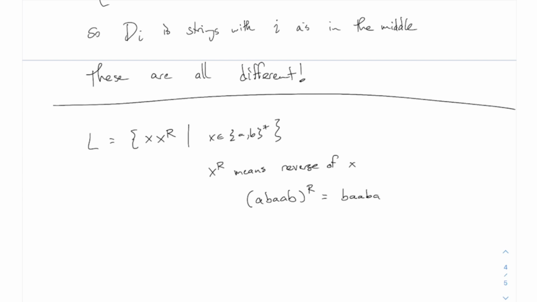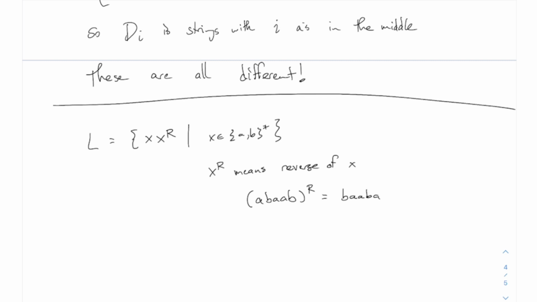You just write it in the opposite order. These are kind of, not exactly, but kind of like palindrome strings. Really, a palindrome string is one in which x equals the reverse of x. The set of all palindromes is also a non-regular language, but this is similar.